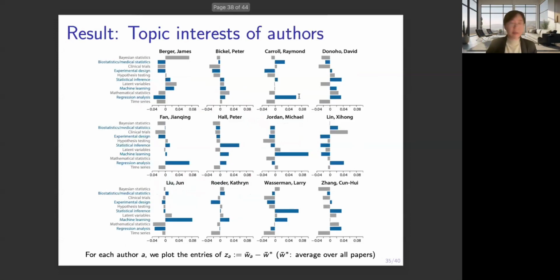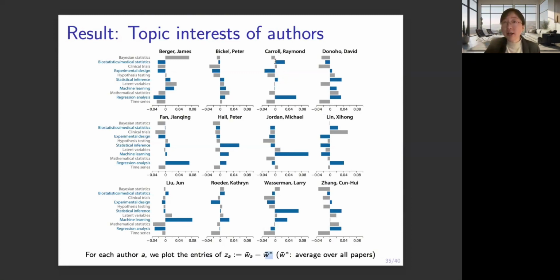And how about the average over authors? For each author, I can take the average of the W's over the papers written by that author. And for representation purposes, I subtract from this 11-dimensional vector the overall average over all the papers. So the vector I plot here has entries that sum up to 0.